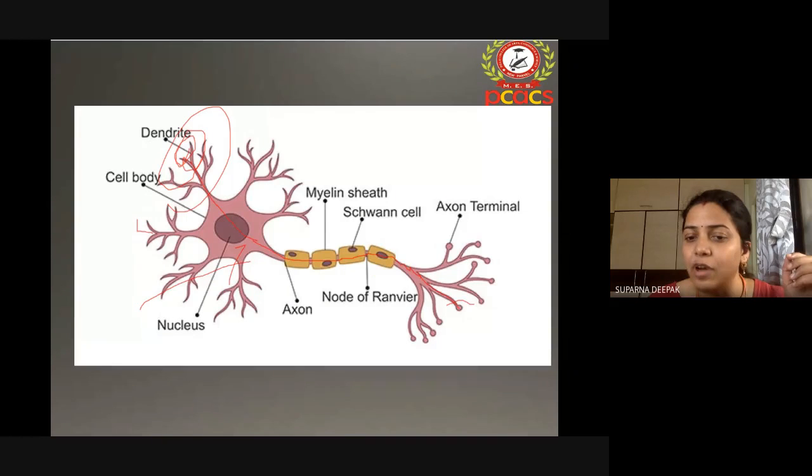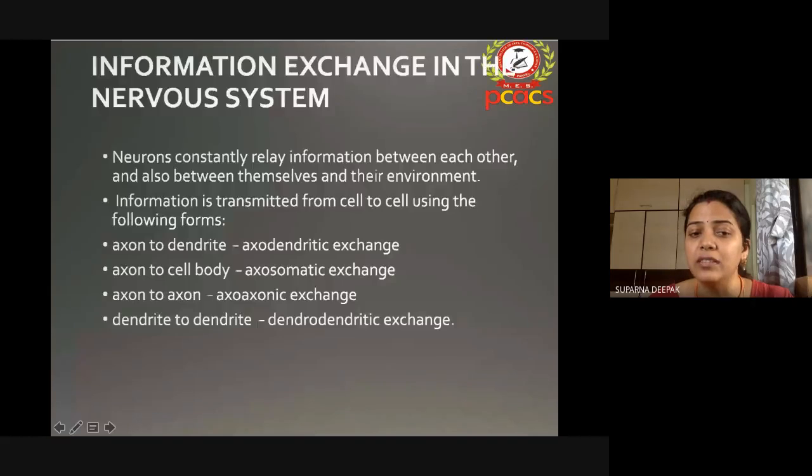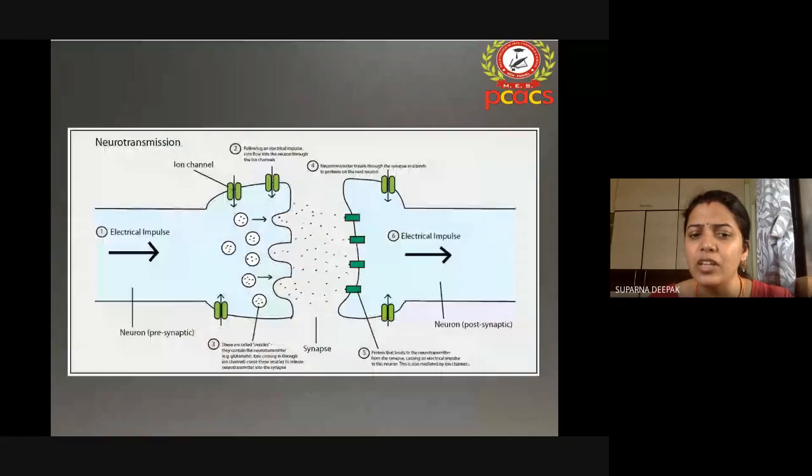From this axon end, neurotransmitters are going to be released that will further make a change in the next neuron. Am I very much clear, students? Understood what is happening? That is what I was talking about, कि यहाँ पर you are having your neurotransmitters that get released because of your binding.